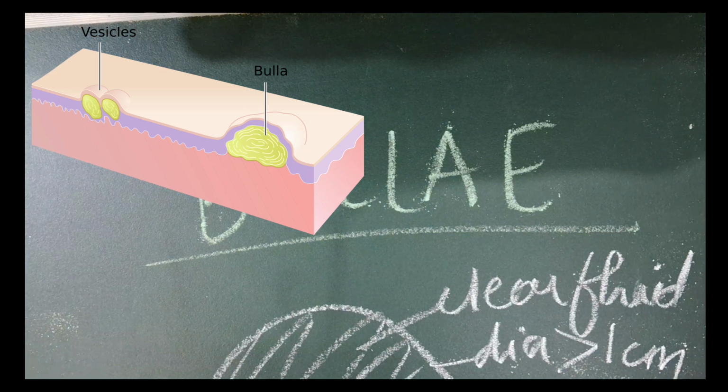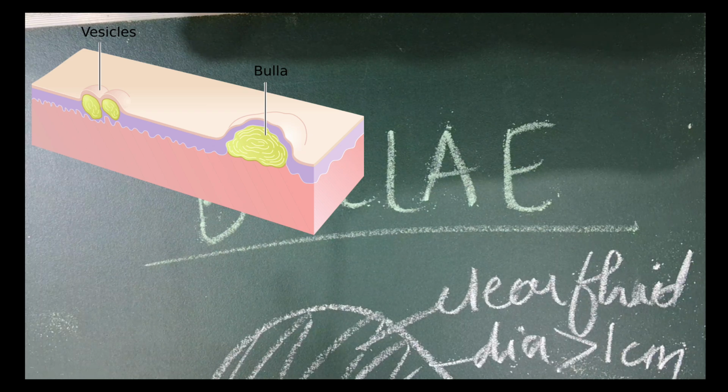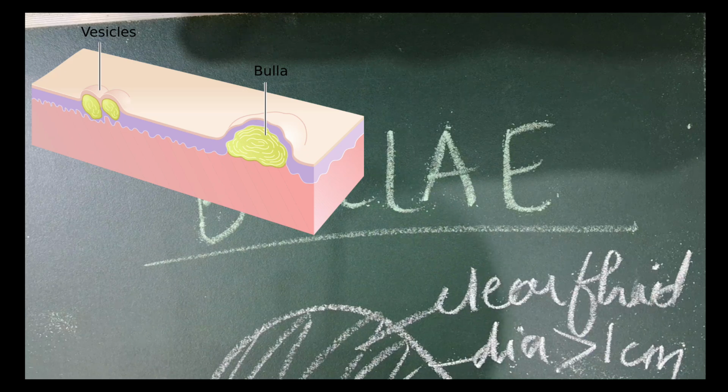We can say that bigger vesicles are called bullae. Bullae are elevated blisters containing clear fluid which are more than 1 centimeter in diameter.